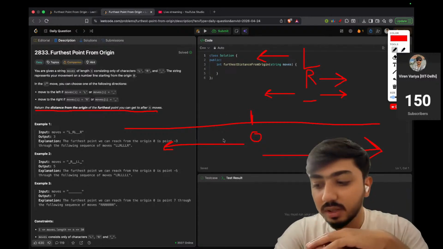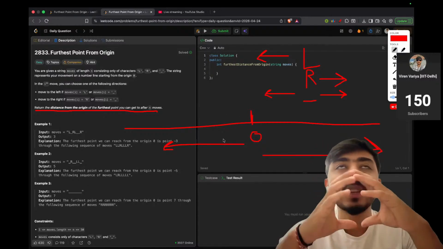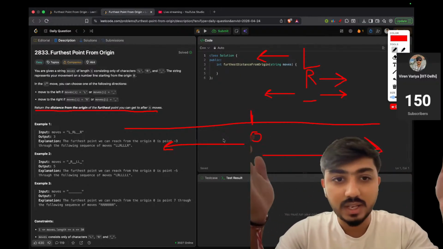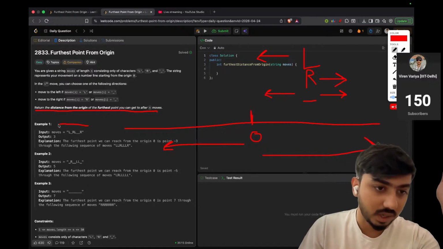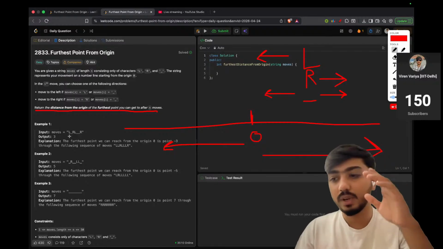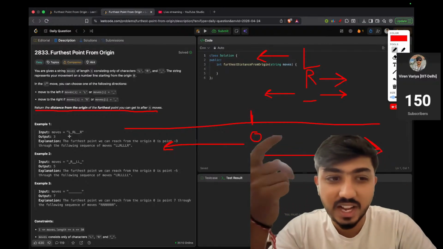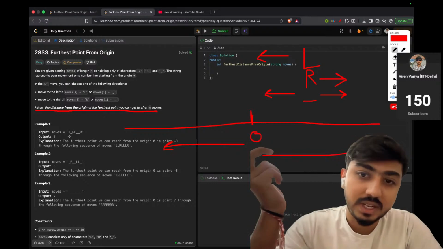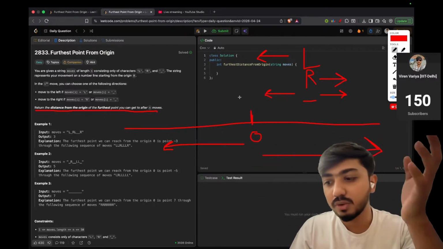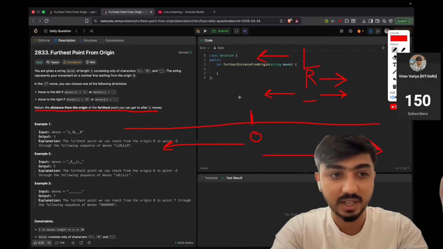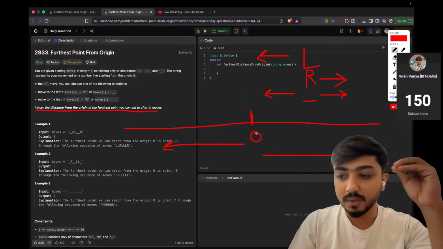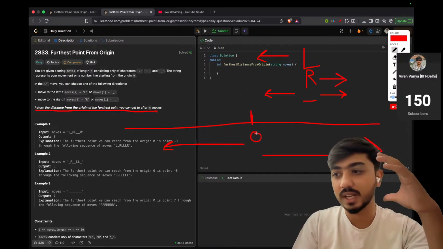In simple terms, you have n moves, so a string of n characters, and at each move you will encounter L, R, or dash. L means you move one step left, R means you move one step right, and dash means you are free to choose any move, left or right. And you have to tell how far you can go from the origin.